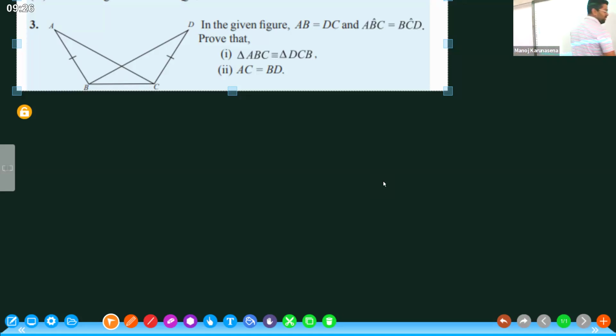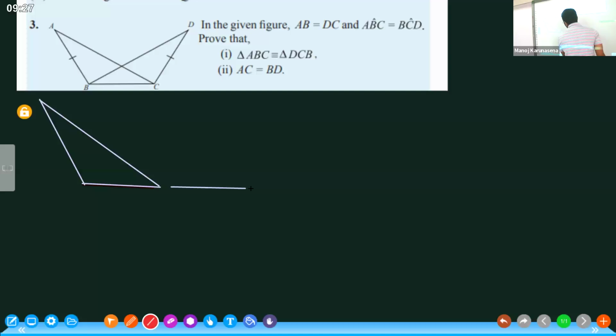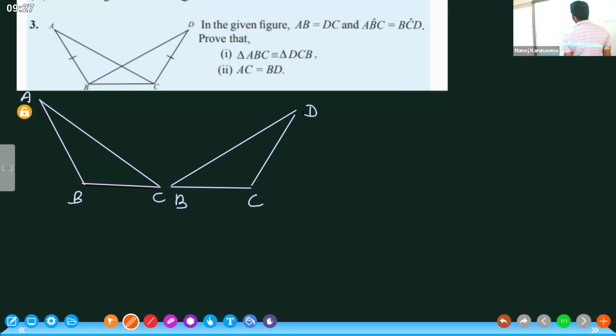Right. In the given figure, AB equals DC, angle ABC equals angle BCD. Let's draw the two triangles: triangle ABC and triangle BCD. AB side equals CD side, given.